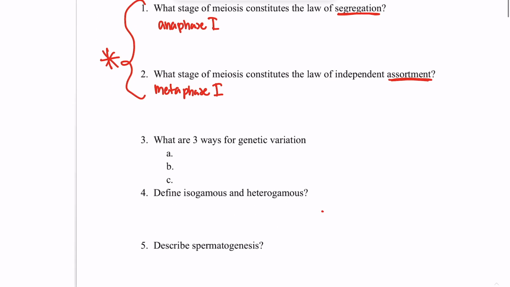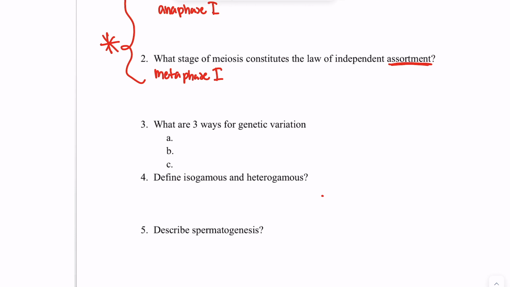Okay, so then kind of to piggyback off of that, we're going to ask, what are 3 ways for genetic variation? So the first one is crossing over. Right, that happens during prophase 1.